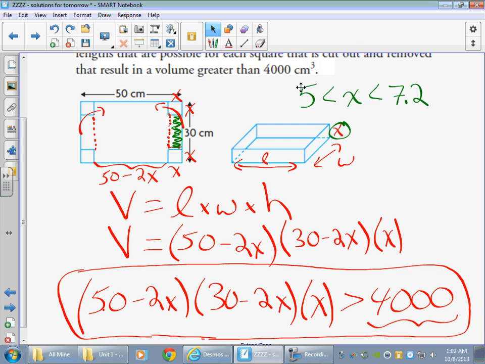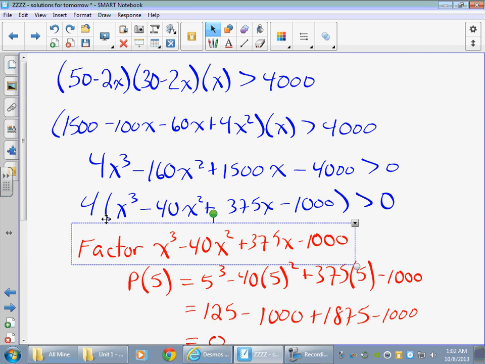So anything in that range cut off from the corners gives us that 4,000 cubic centimeter box. Now I said I would also do this algebraically just to show that it's possible. It got to be pretty ugly, not impossible for sure. I think we could all probably get through it, but time-wise it certainly wasn't going to be a good use of our time in class.